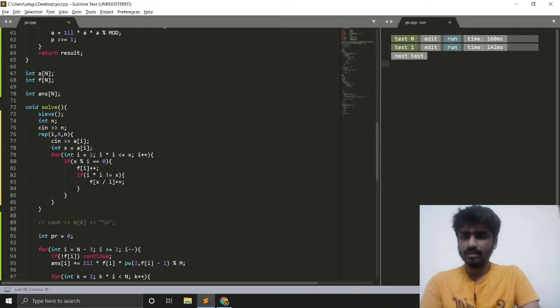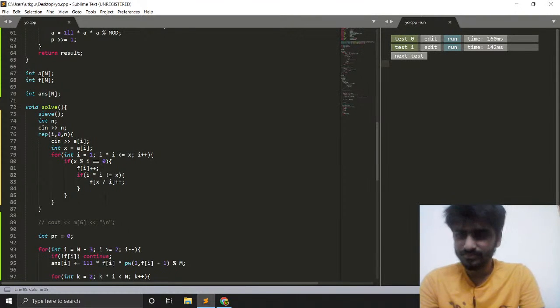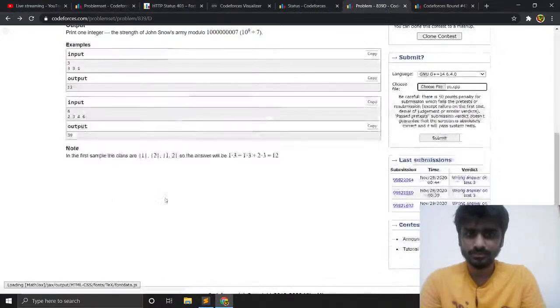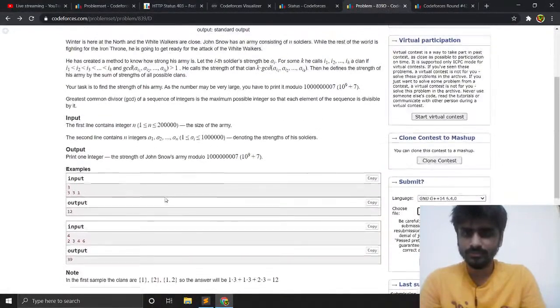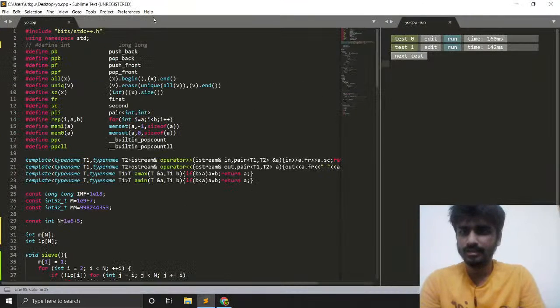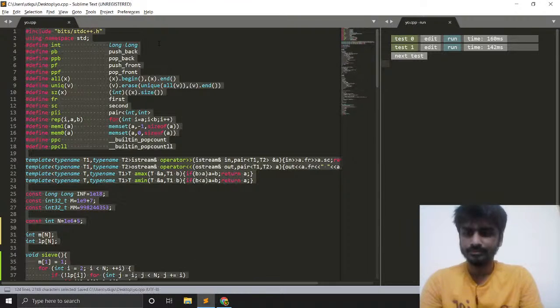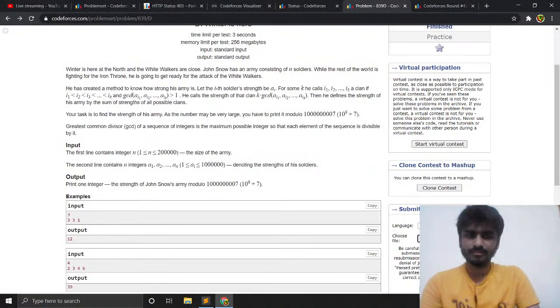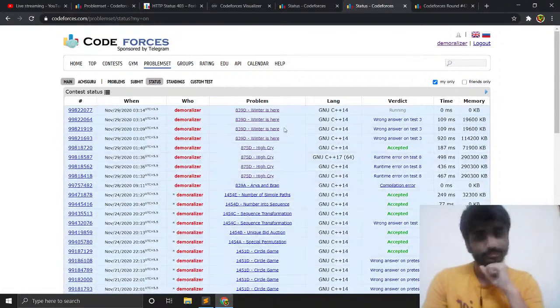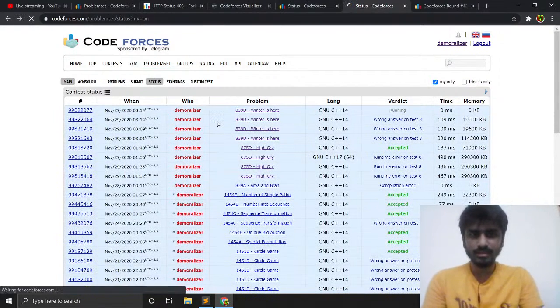Oh, no. I think I. No. How can this be wrong? Isn't it exactly what was written in the editorial? We just do everything in long long. Still wrong on third.